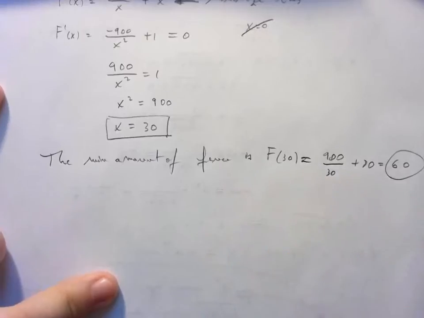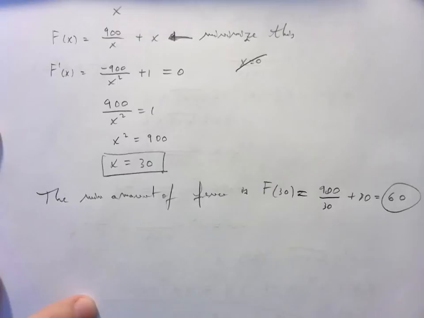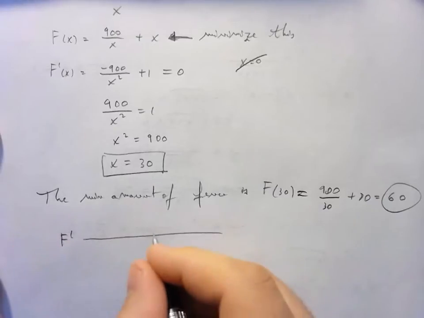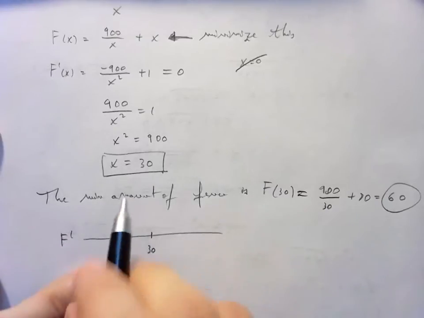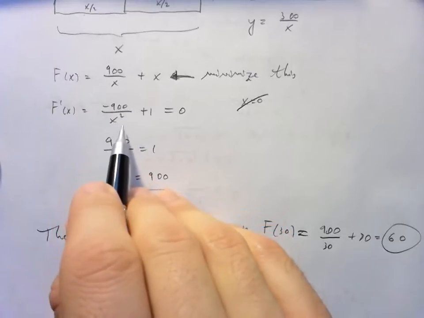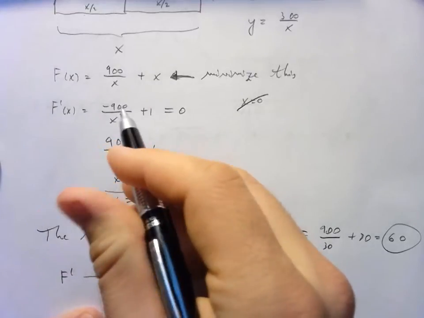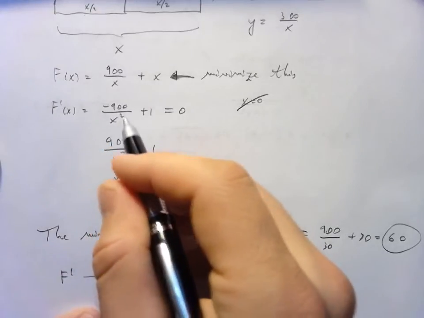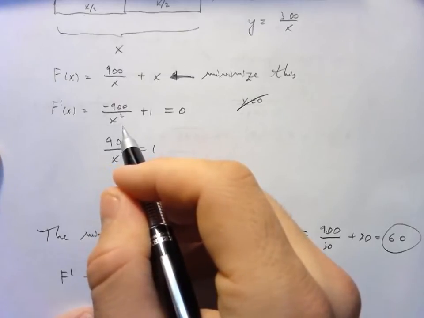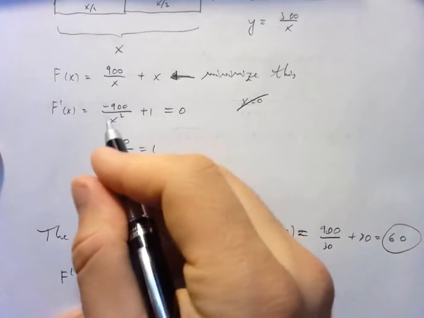Now the question is, why is this a minimum? Let's take a look at the derivative. If I plug in something slightly bigger than 30 into capital F prime, then this quantity is going to be less than 1, because the denominator is going to be larger than 900.